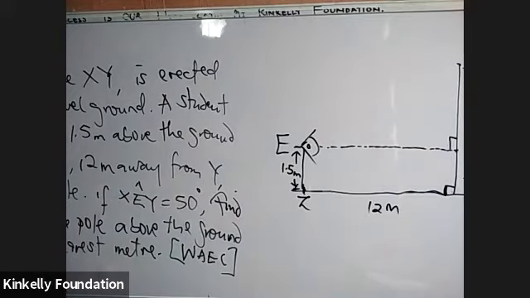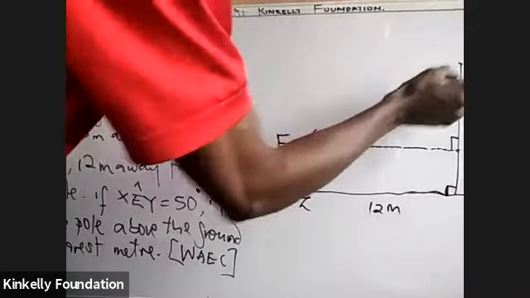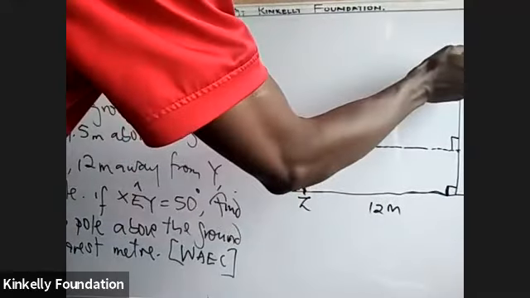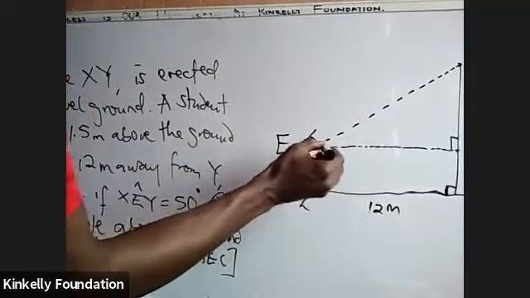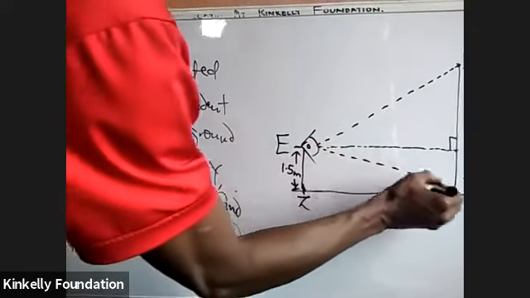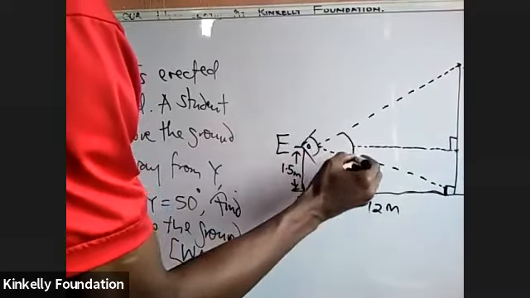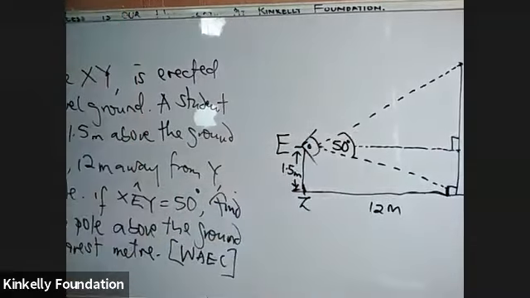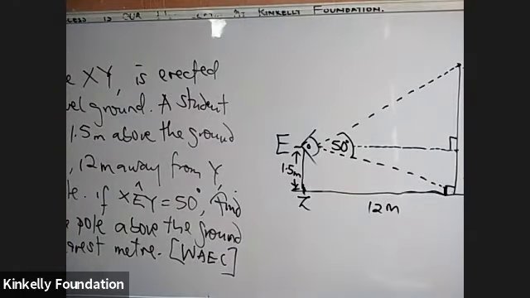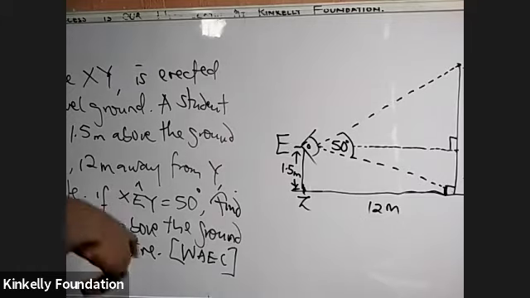And they say that if angle XEY is 50 degrees, we should find the height of the pole above the ground, correct to the nearest meter.